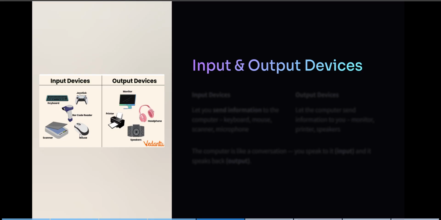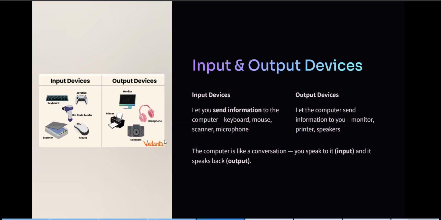Then we have the scanner, we have the mouse, and many more that are the input devices. Then we have the output. The output devices are monitor, right? We have printer, we have speaker, we have headphone, right? So these are output devices, things that can bring information from the computer to you, who is the user, right?